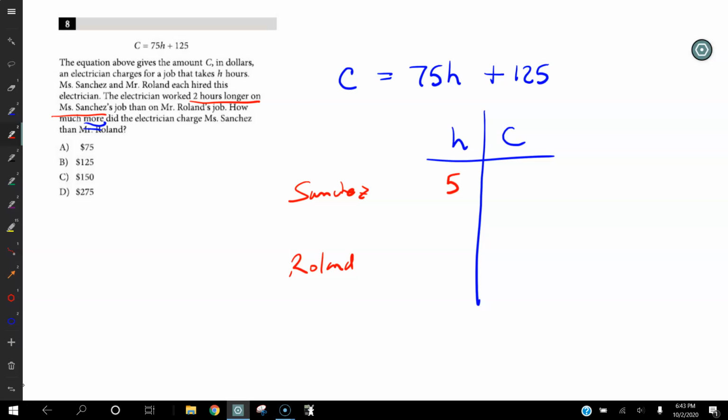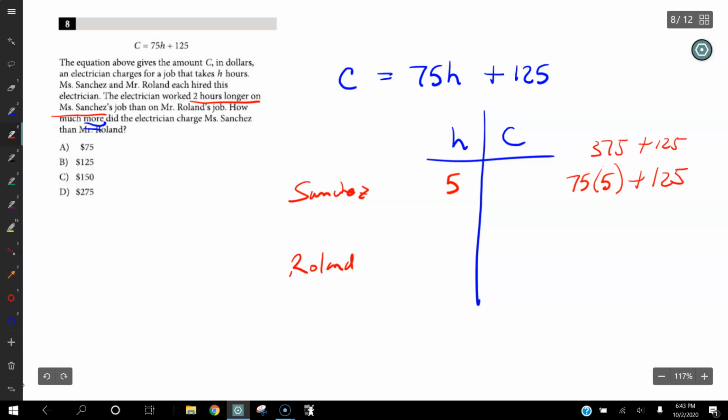So if the person worked 5 hours, you're going to do $75 times 5 hours plus 125. So 75 times 5, that's, let me see, 300. That would be 375 plus 125. So you're looking at about $500 is what the electrician would charge Sanchez.